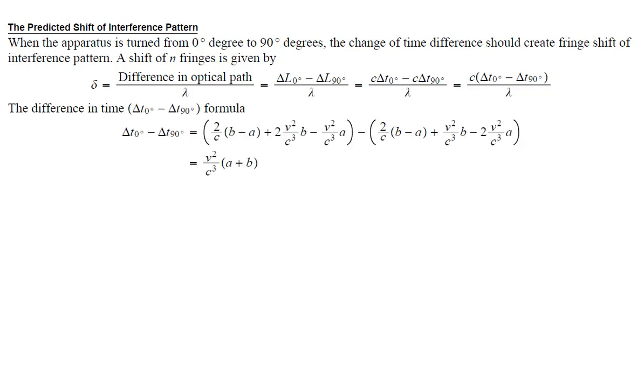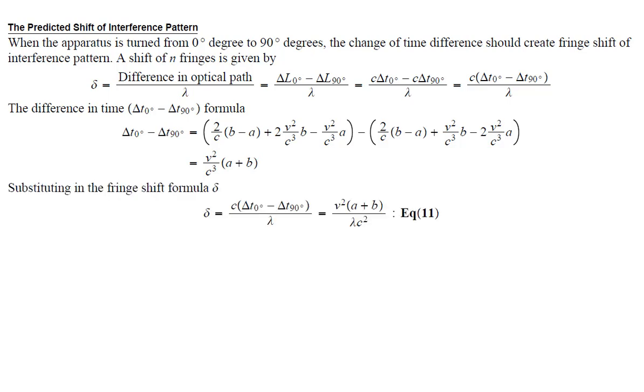The difference in time, delta t at 0 degrees minus delta t at 90 degrees, is given by the formula. Substituting in the fringe shift formula, if A equals B equals L, then delta is given by the equation.